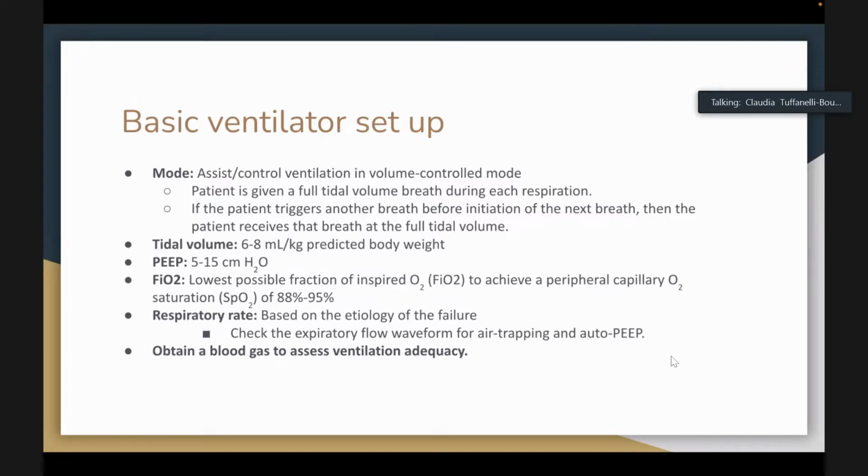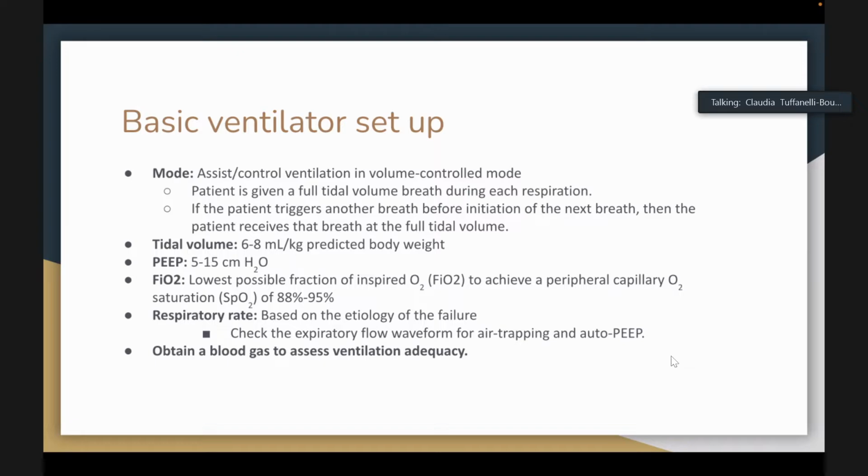The rate is really going to be based on what you're intubating them for. For a lot of disease processes, at least at first, I try to measure what the respiratory rate is before you intubate them, and kind of start around there and then go down as you can. The only exception would be if somebody's in respiratory failure from COPD and they're just breathing so fast, and you want to try to go a little lower on the rate.